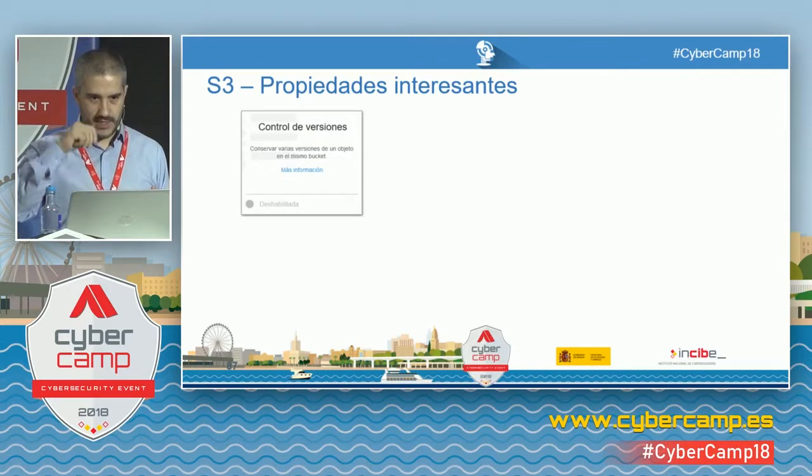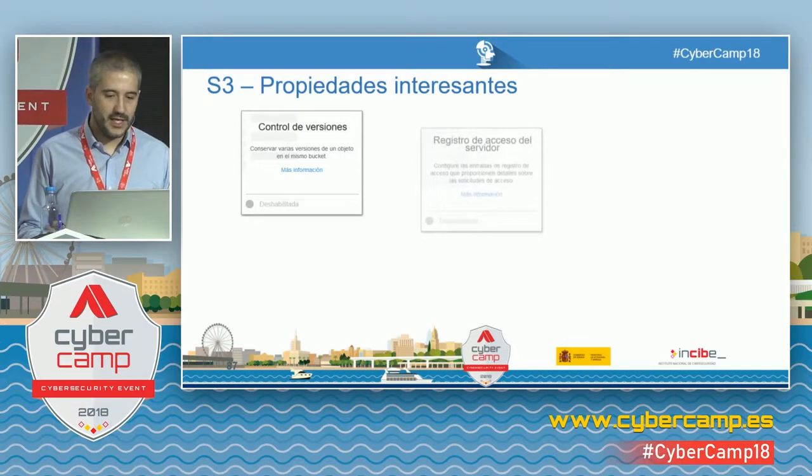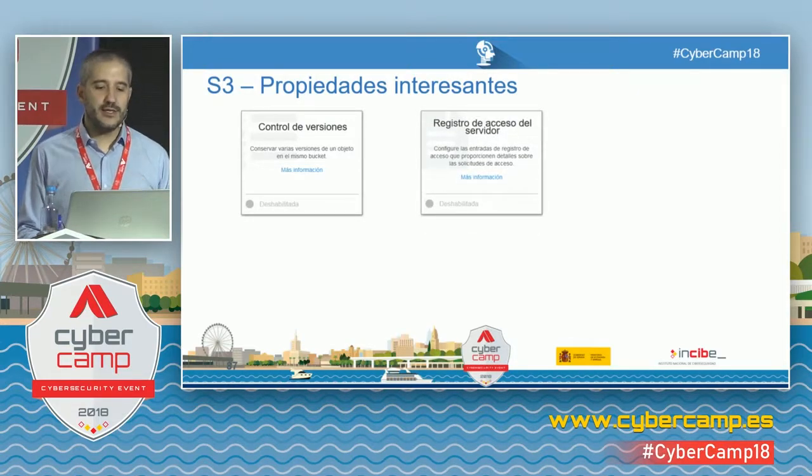Because if you find something's wrong and you think I need to go to a previous release, you have a drop-down menu with a list of different releases and versions for that particular object, and then you can decide which one you need.